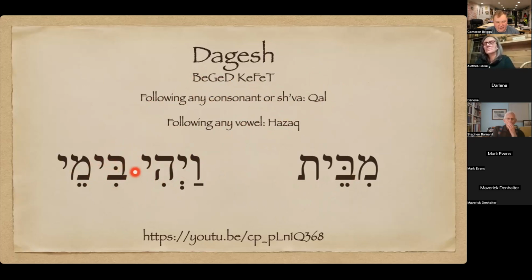This bet is following a consonant in the word before it. So this bet is going to be a kal because it's following a consonant or a shva. It's just going to change the way that it sounds. So this one's going to be b, and it's not going to double.